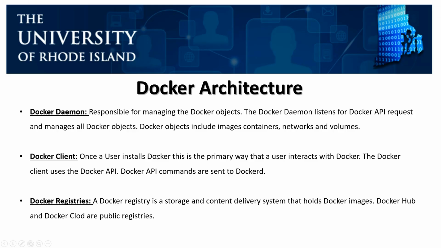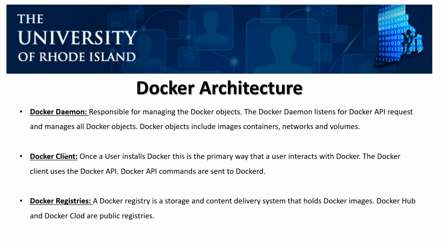So the Docker client is primarily the way that a user interacts with Docker. And the Docker client uses the Docker API to communicate with Docker, and the Docker API commands are sent to the Docker daemon. The Docker client can communicate with more than one daemon at a time, so definitely keep that in mind.